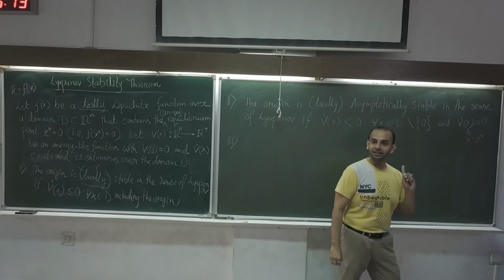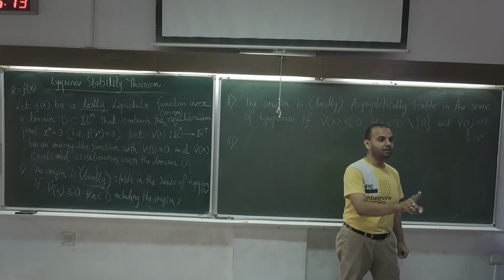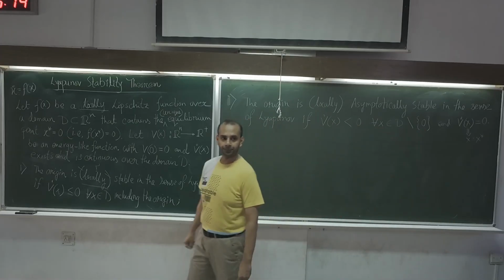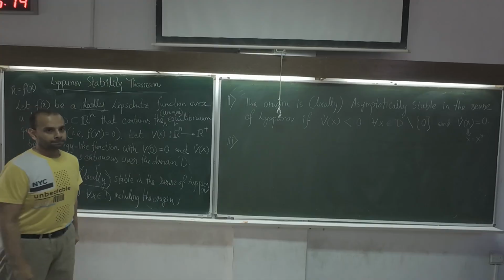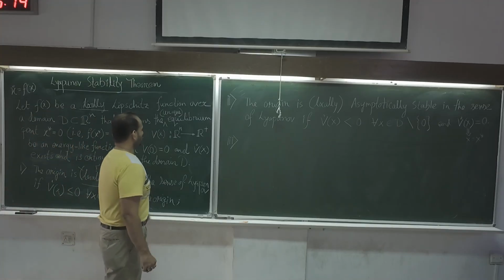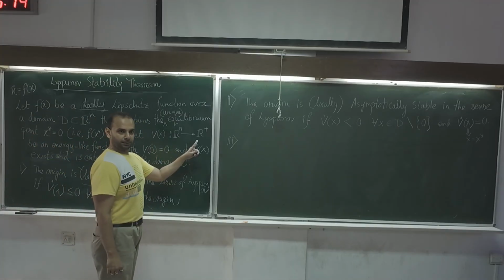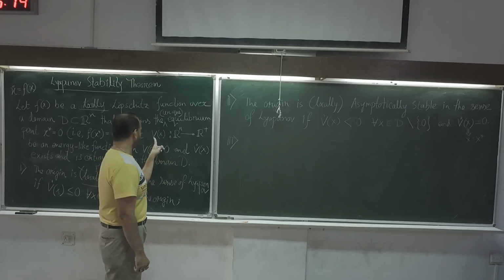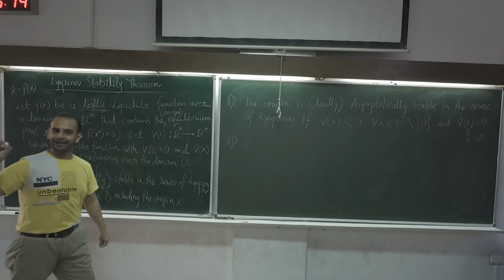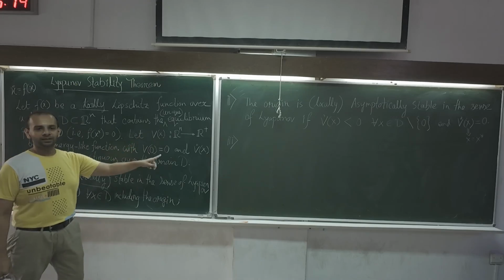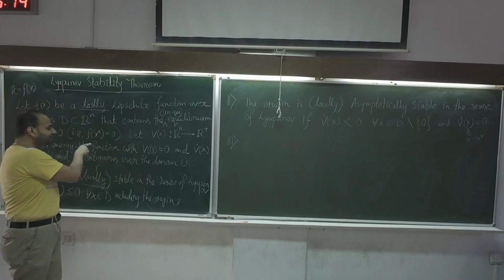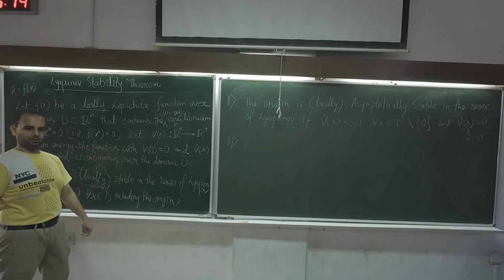This implication is true only when you declare the V function to be positive definite. Then you should add R plus union 0. If it is positive definite, that is for all non-zero x. Or rather, if you have a problem with this, someone can directly write let V of x be a positive definite, energy-like function.